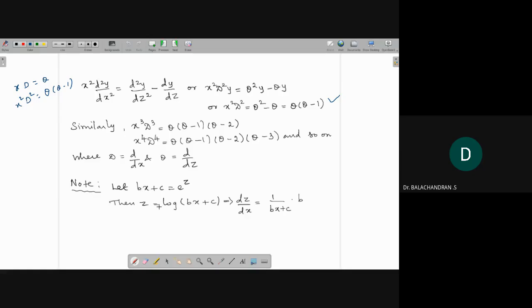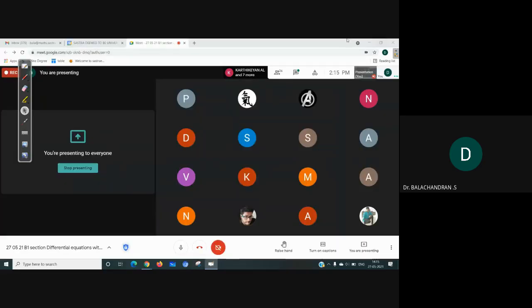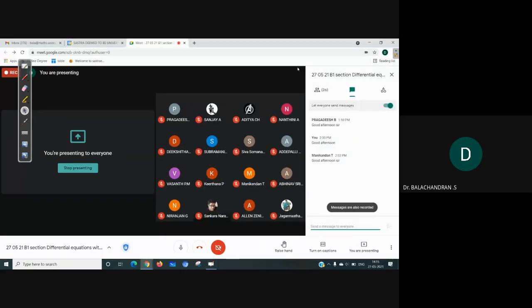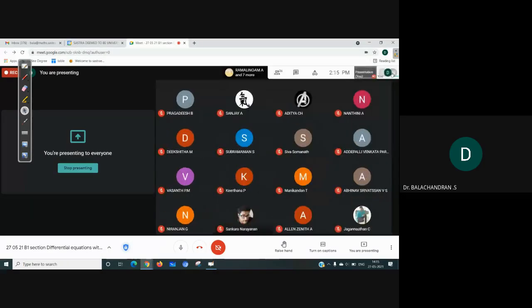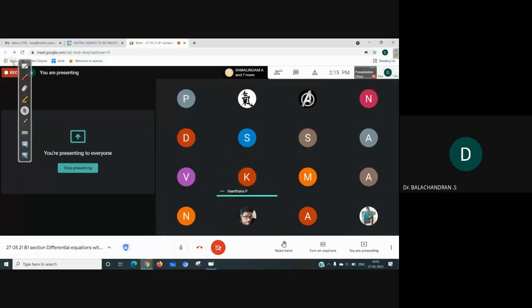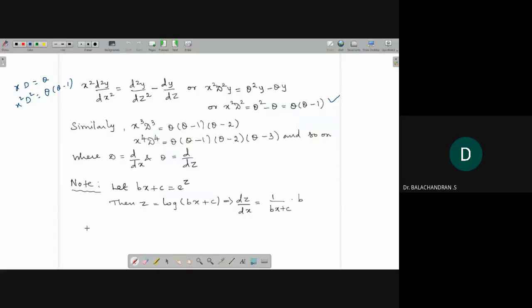I got z equal to log of bx plus c, and if you differentiate this, dz by dx is 1 by bx plus c into b. What is next? dy by dx.